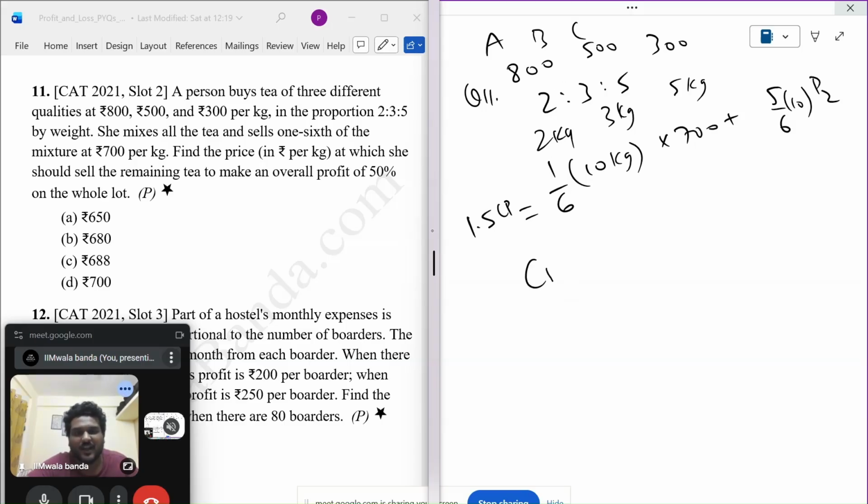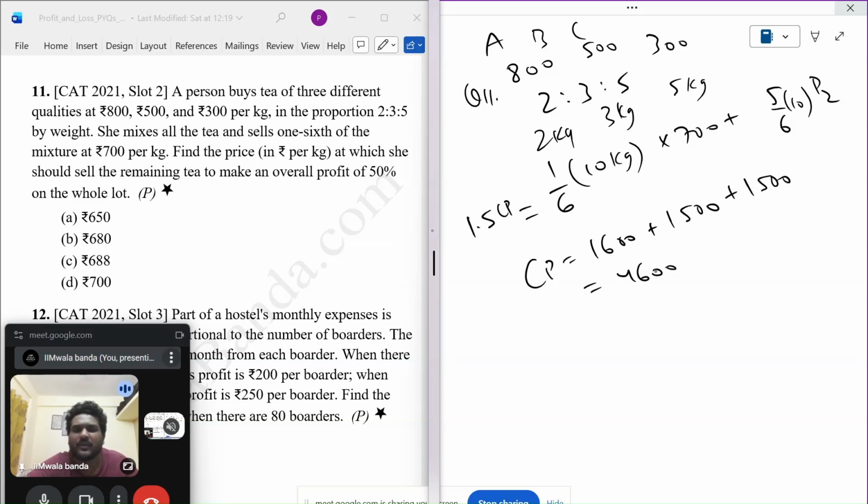And I know what she bought it for. Not to be missed. Cost price is what? 1600 plus 1500, because I have assumed 2 kg at 800 rupees, 3 kg at 500 rupees, 5 kg at 300 rupees, so 1600, 1500, and 1500. So this is 4600, right?